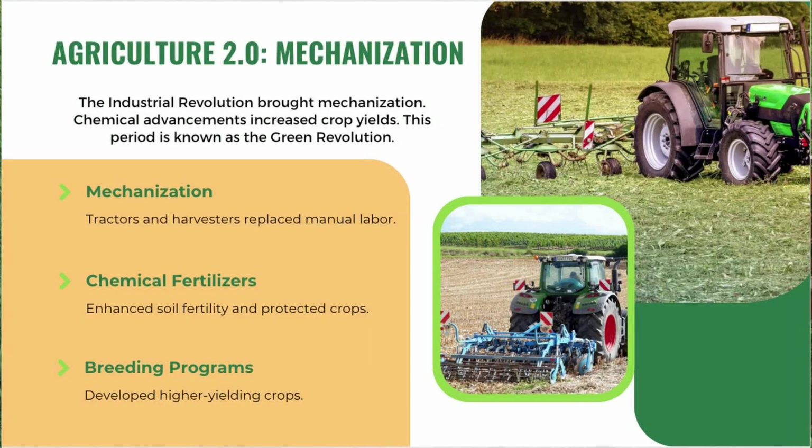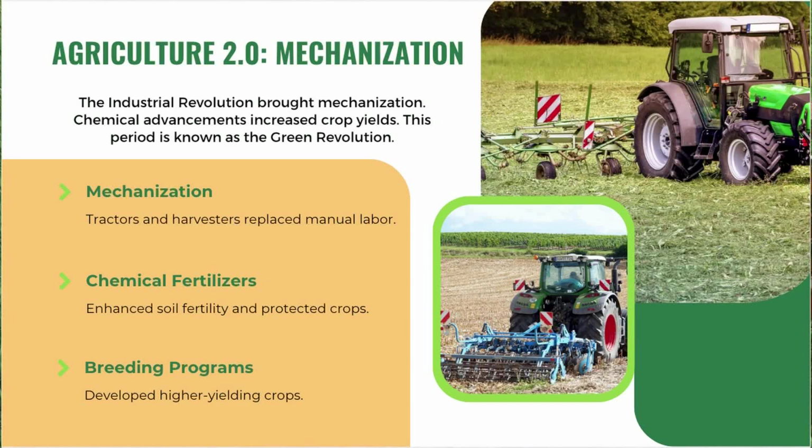The next is agriculture 2.0, and this is called the era of mechanization and chemical advancement, during the year 1950. The advent of the Industrial Revolution brought monumental changes to farming practices, ushering in the era of mechanization and chemical advancement. This period is also referred to as the Green Revolution, as it led to a massive increase in crop yield and agricultural productivity.